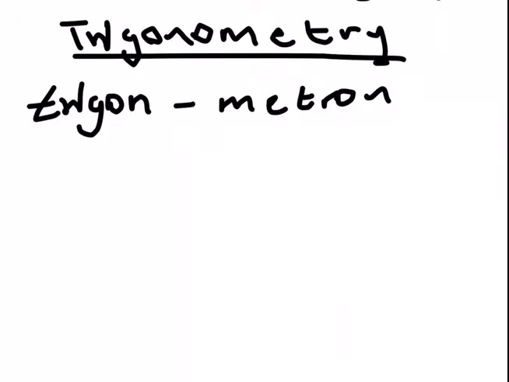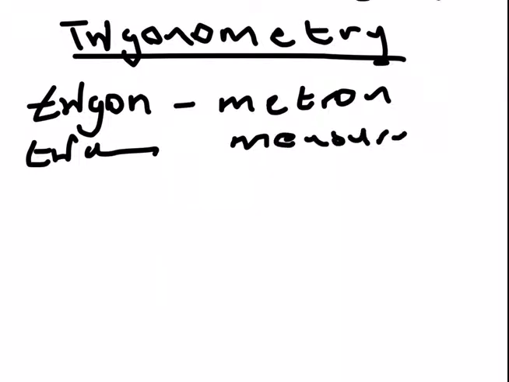A triangle. And then what about metron? It simply means measure. So you can already see that we are talking about measuring, and then we're talking about a triangle.